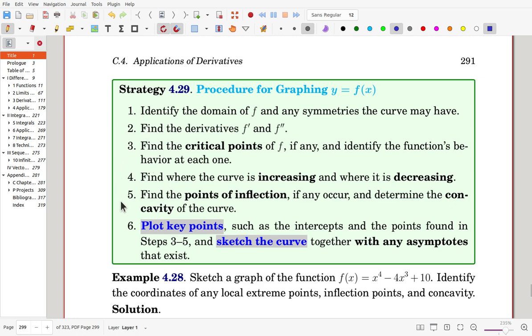Along with those computations, you can find the key points, which can be the critical points, local maxima or local minima, and intercepts, x-intercepts and y-intercepts. First plot these key points, and then sketch the curve together with asymptotes, if any. Then you can make the graph very nicely.